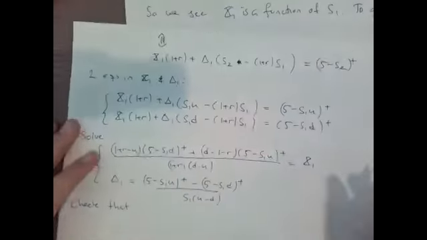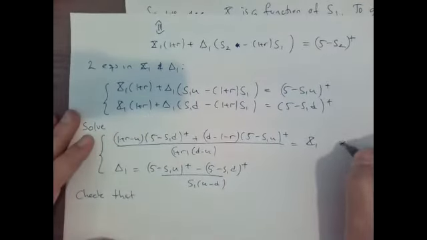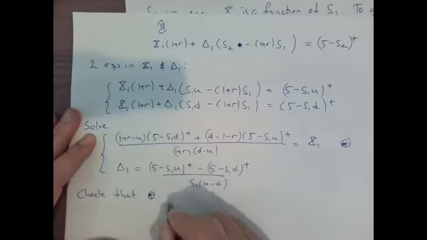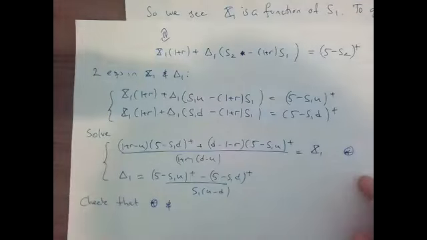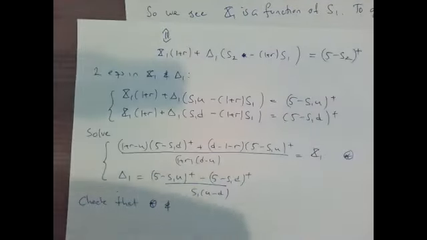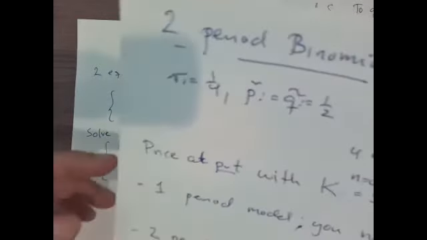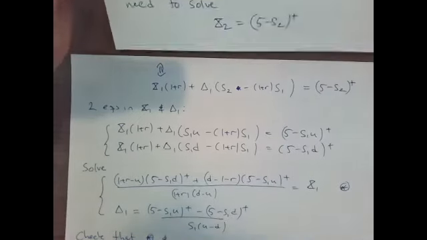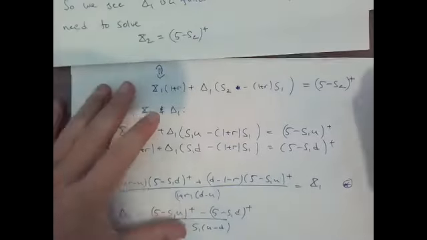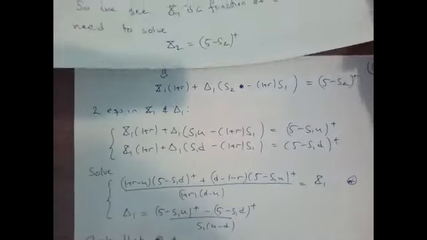But now we have two formulas for x1. So we're going to check that star, and then the other formula we had. We have two formulas for x1. Got to check that they're consistent. Where's the other one?